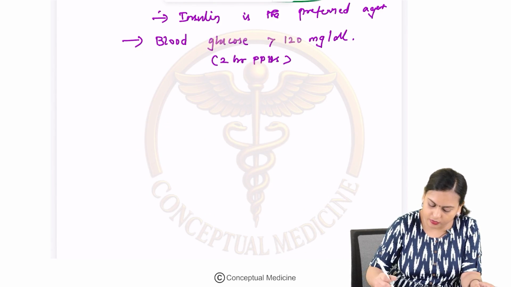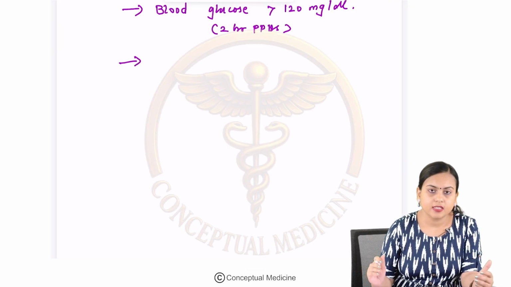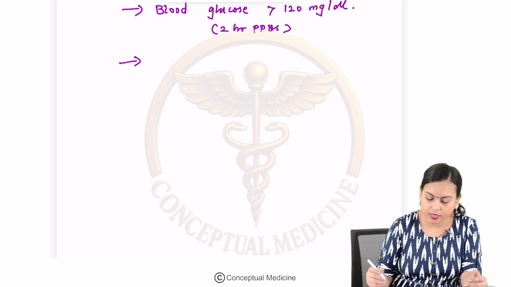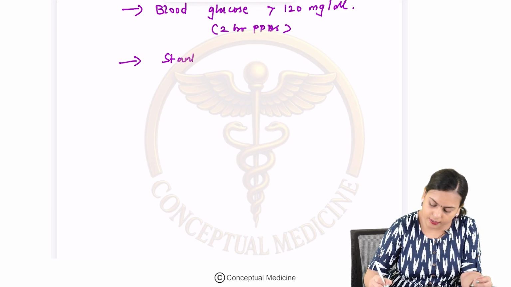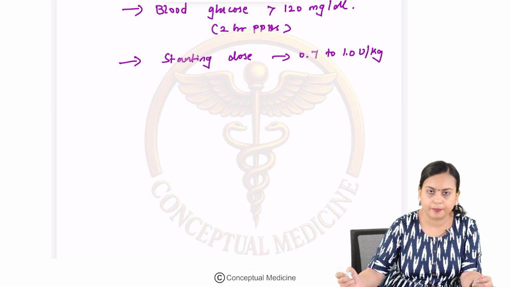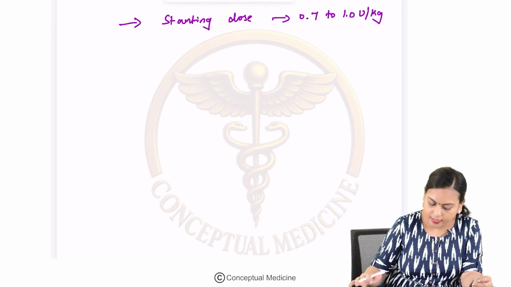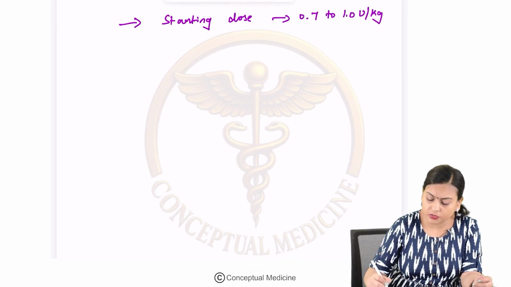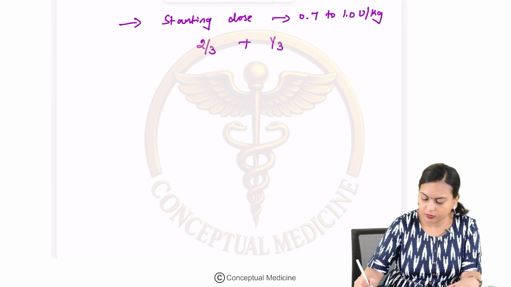especially the 2-hour postprandial blood sugar levels. Usually insulin dose should be individualized, but the starting dose of insulin can be anywhere between 0.7 to 1 units per kilogram. You can split this dose as 2/3 dose in the morning and 1/3 dose in the evening. Clear?